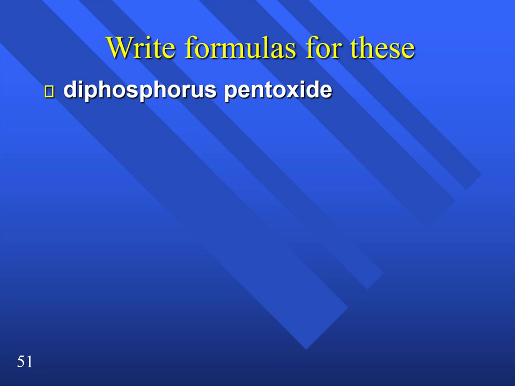So, diphosphorus pentoxide. The first element is phosphorus, which is P. It says di, so there's 2 of them.